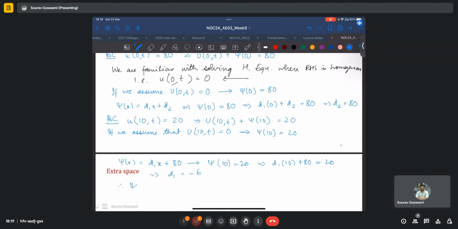Therefore, we have our function φ of x equals minus 6x plus 80.